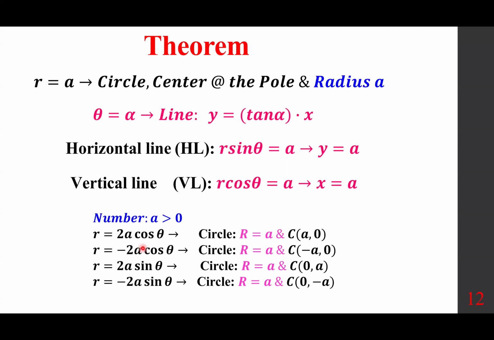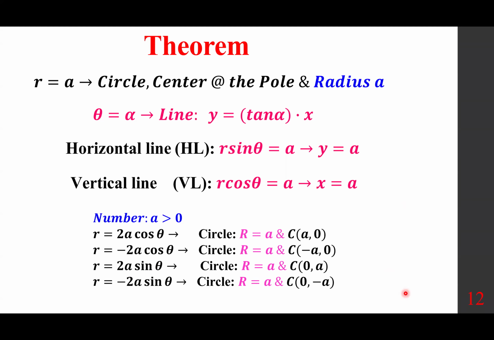If it involves cosine, the center is along the x-axis, the polar axis, on the right or left. On the right if it's positive, on the left if it's negative. If it involves sine, then it's along the y-axis, on the positive side if it's positive, negative on the negative side.